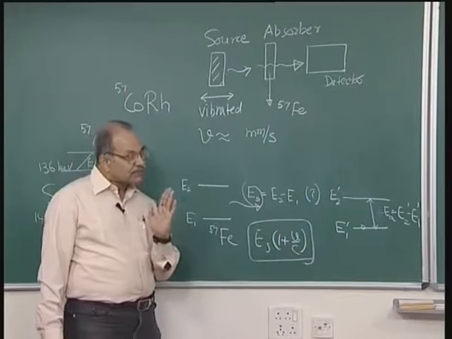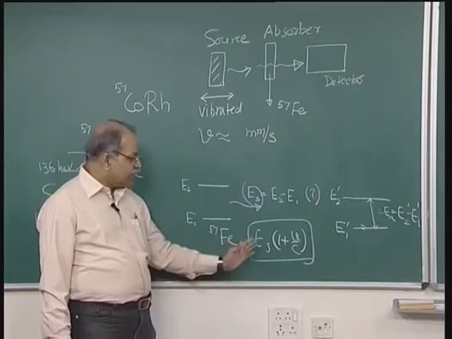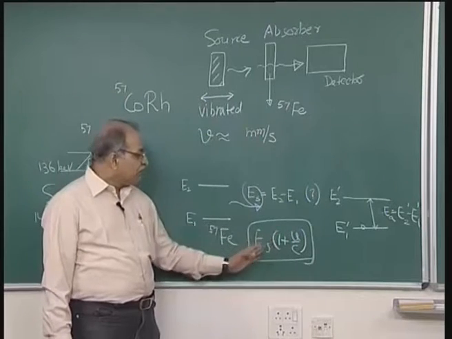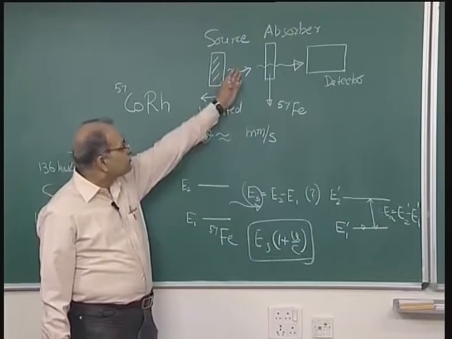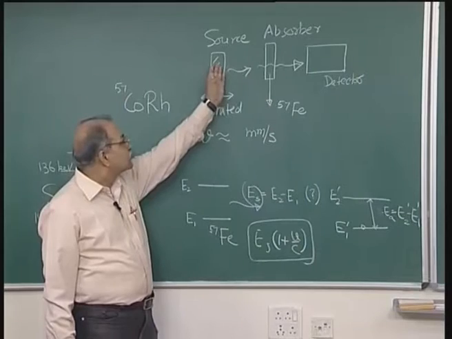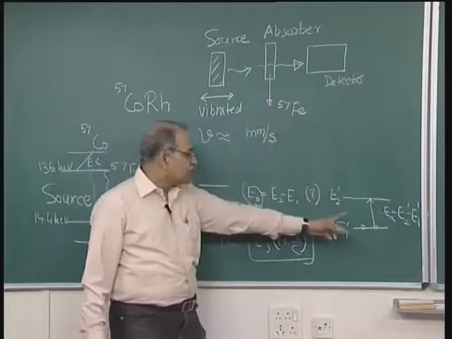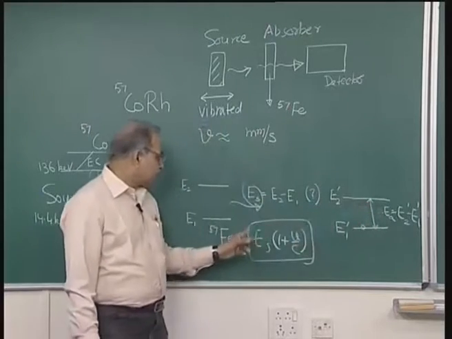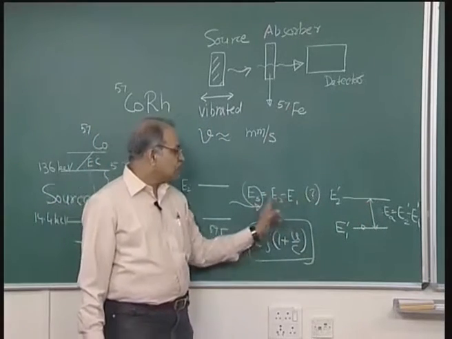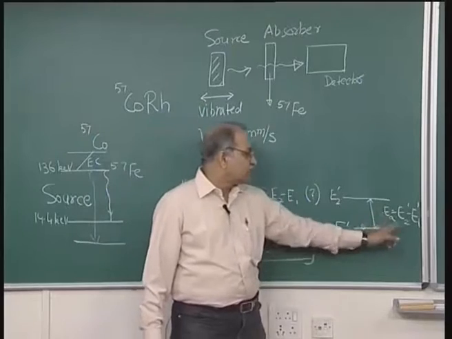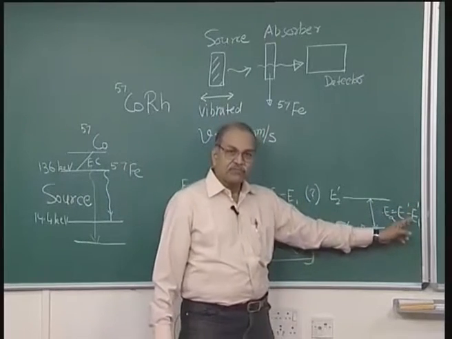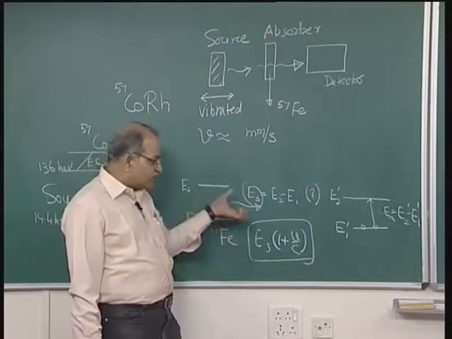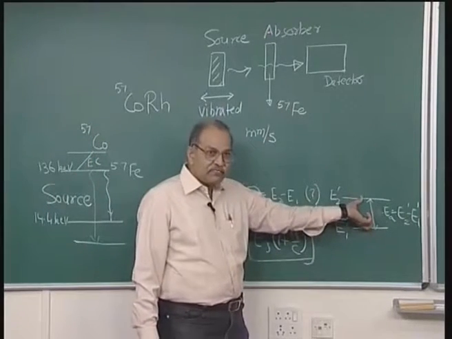So, at a certain time, this change in energy because of this Doppler shift will make the energy of the gamma ray coming from this source equal to the energy difference which is there. To start with, this E 2 minus E 1 is not the same as E 2 prime minus E 1 prime, because this shift is coming from the rhodium environment, and this is coming from the steel environment.